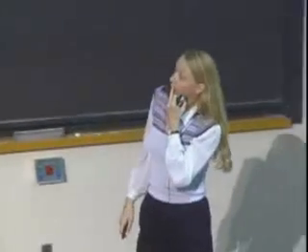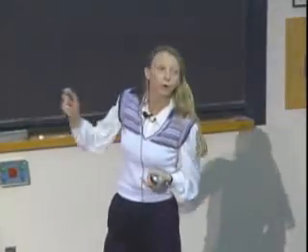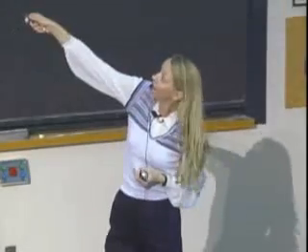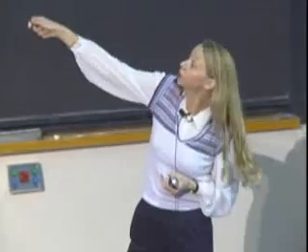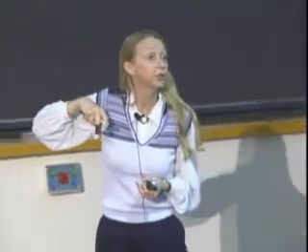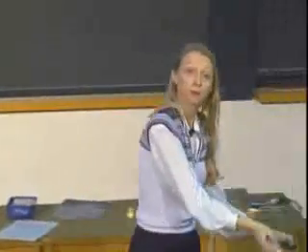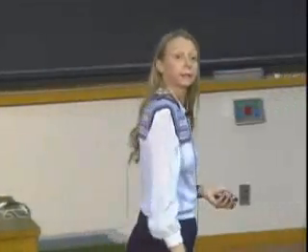On the other hand, if we have Q greater than K, then we've got too many products compared to what equilibrium says we should have. And of course then, the reaction is going to run in the reverse direction. It's going to try to use up those products and make more reactant.